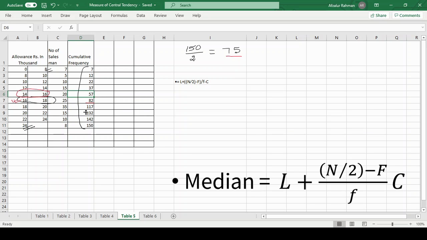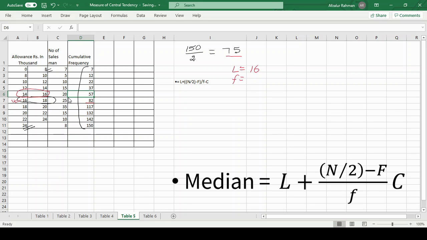As per the formula, L is the lower limit of this block, so L is equal to 16. And then what is small f? Anyone can say? f is the frequency of the median class.